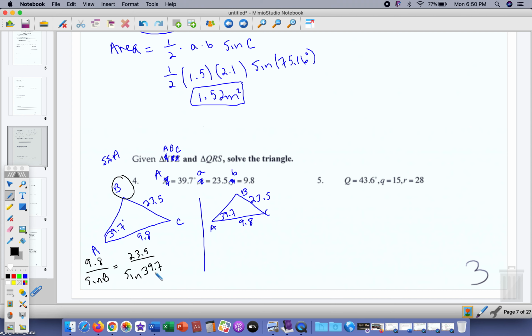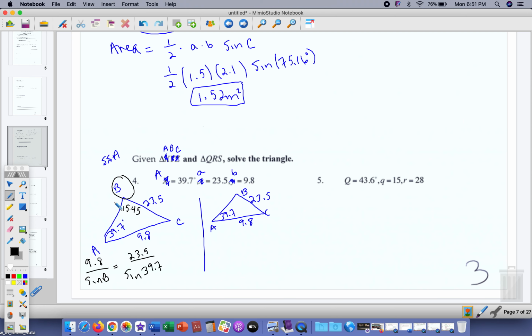And when I cross multiply, we do, let's see, sine of 39.7 times 9.8 divided by 23.5, and we do the inverse sine of that value. So we would get 15.45.